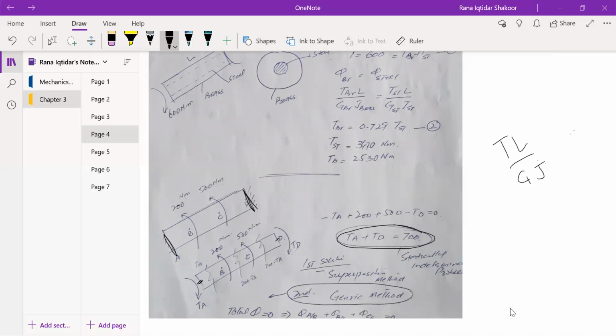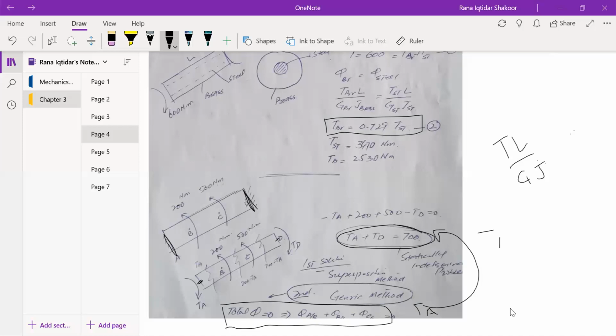Last time, I said that TA will be in terms of TD, like the one we did in this example, but it will not be the case for the generic one. So you will straightforwardly get TA from this equation, and then you will put that TA into the other one, and you will get TD directly from there, right?